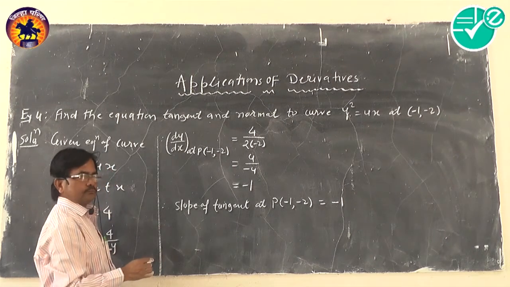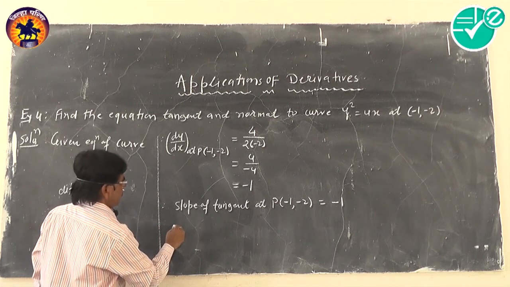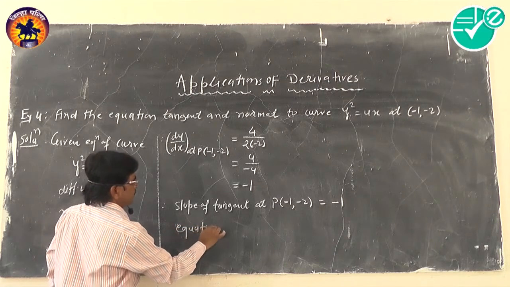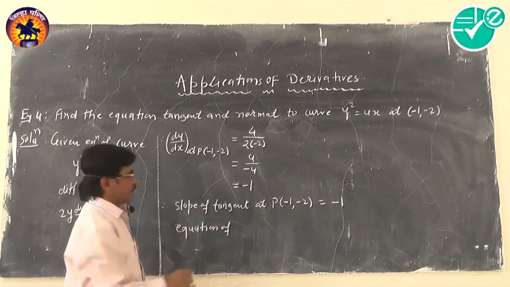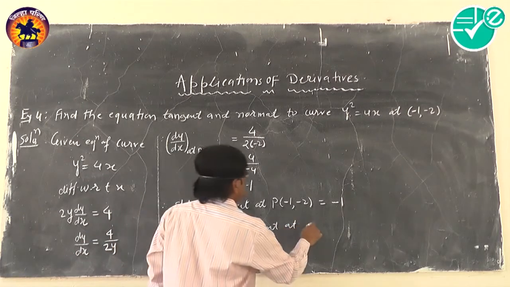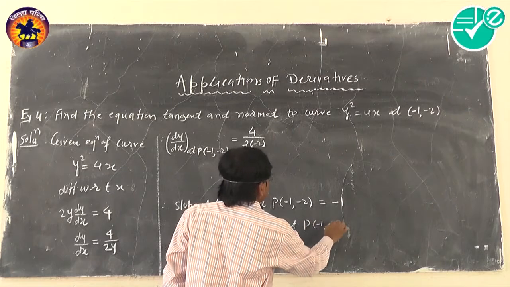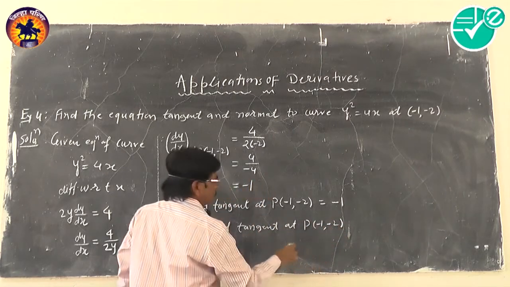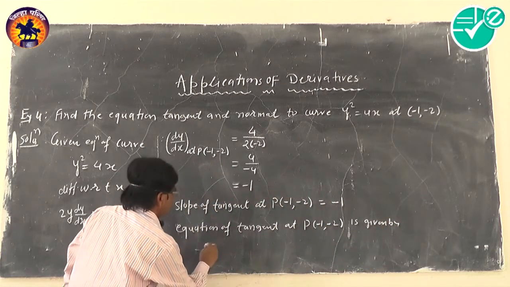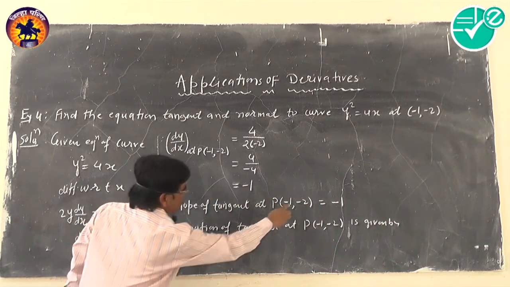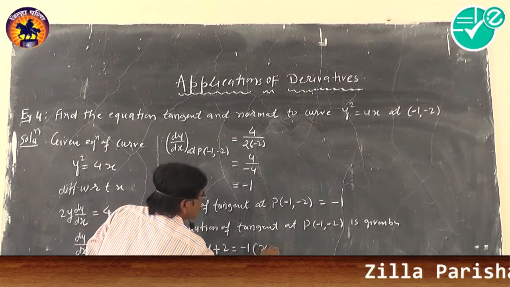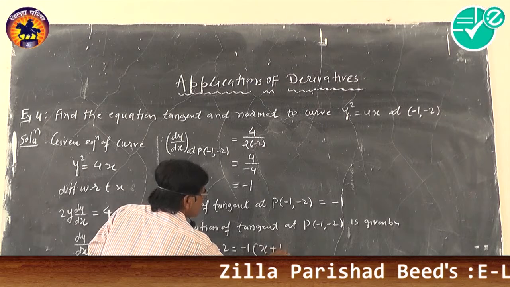Therefore the equation of tangent at P(minus 1, minus 2) is given by y minus of minus 2, that is y plus 2, is equal to minus 1 into x minus of minus 1, that is x plus 1.